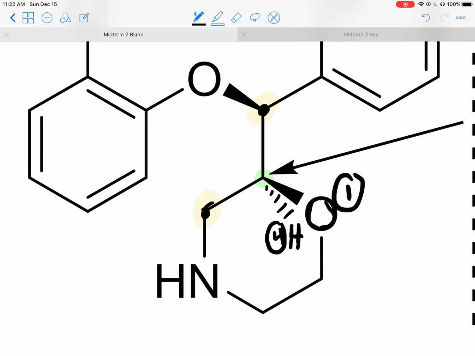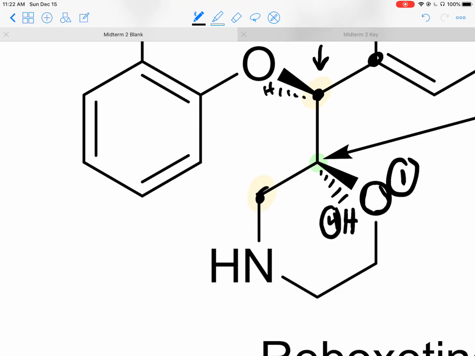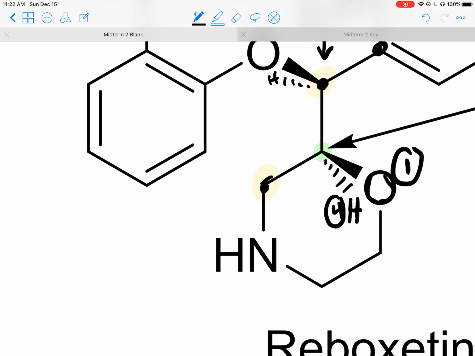So this carbon up here is connected to an oxygen, an implied hydrogen, and the carbon right here for the benzene ring. And down here, with the other orange priority, it's connected to a nitrogen and 2 hydrogens, right?